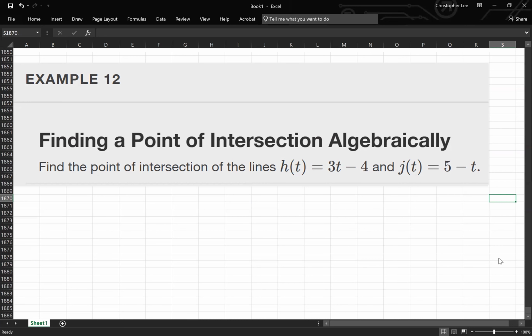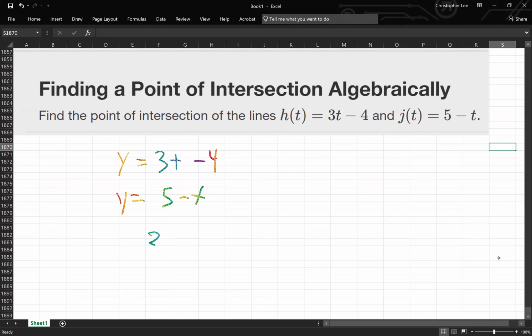What I'm going to do, it's h of t, but it's kind of like y equals 3t minus 4, and it's kind of like y equals 5 minus t, right? Set them equal to one another. So this becomes what? 3t minus 4 is equal to 5 minus t. Let's solve for t, right?